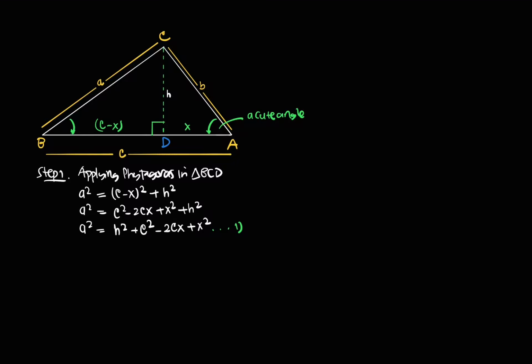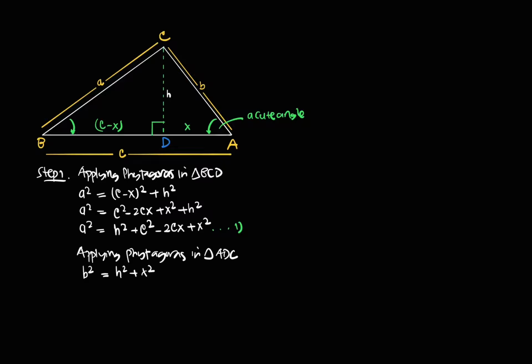Now we do the same for the right side of the triangle. Applying Pythagoras in triangle ADC, the hypotenuse b squared equals h squared plus x squared.